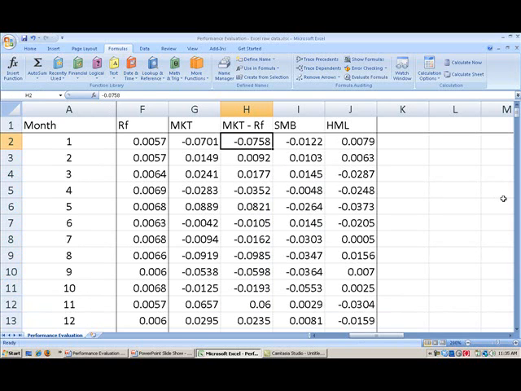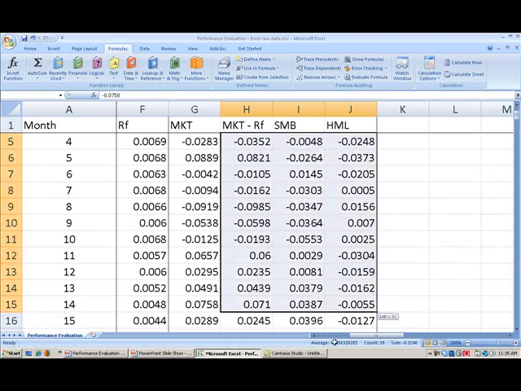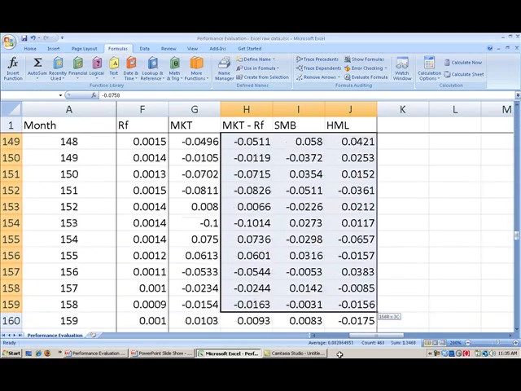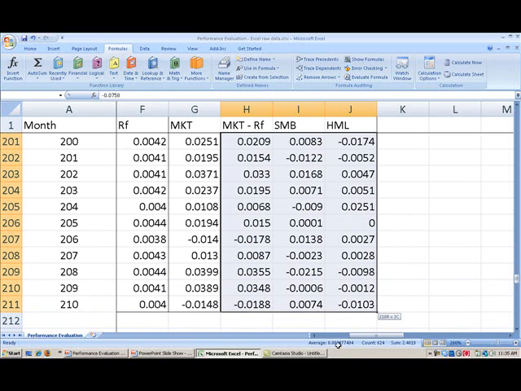And we're also going to look at the three-factor alphas. We're going to estimate the three-factor model of Fama French. So let's select the three factors, which are the excess returns on the market, SMB, and HML. And let's call that 3_factors.